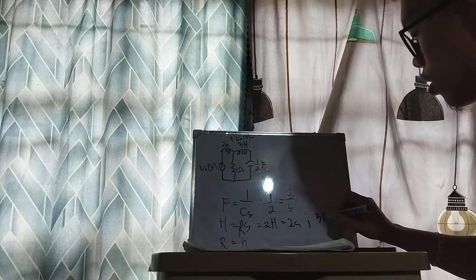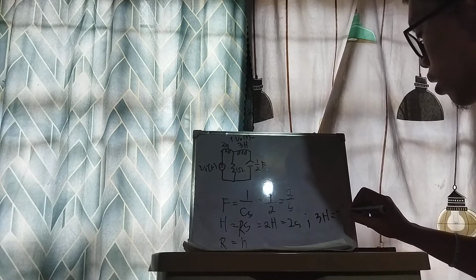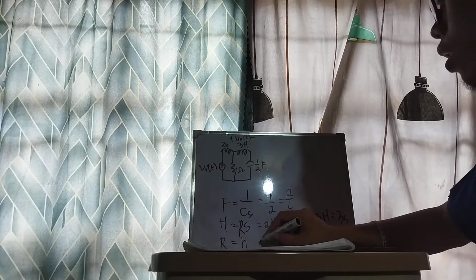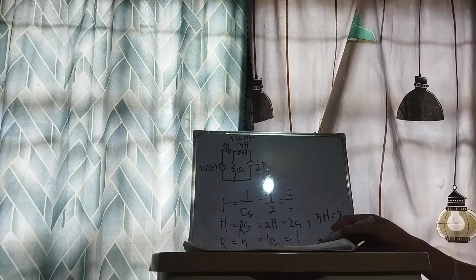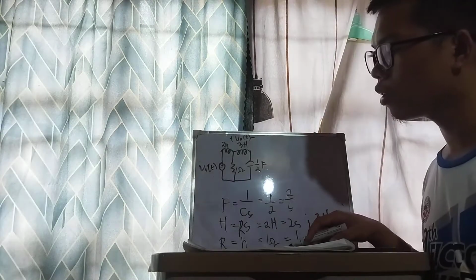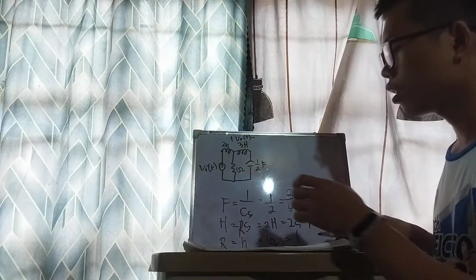And for the 3H, it will become 3S, and for the 1 ohm it is equal only to 1. So we have now the new given expressed in transfer function.